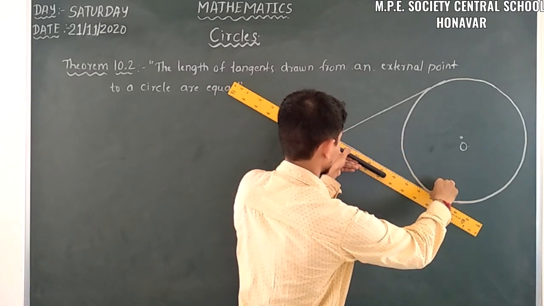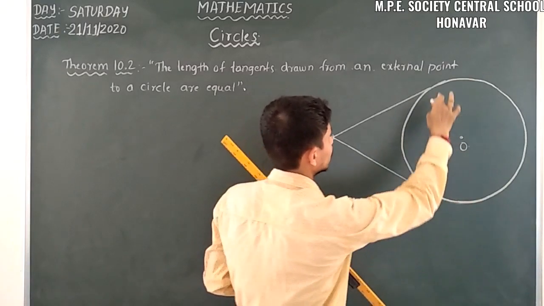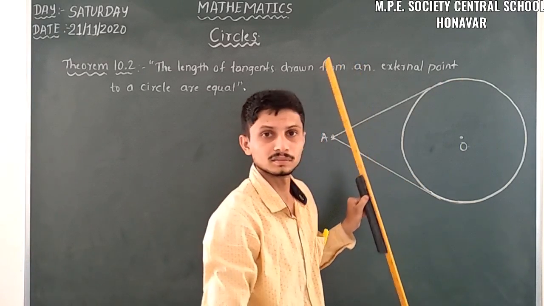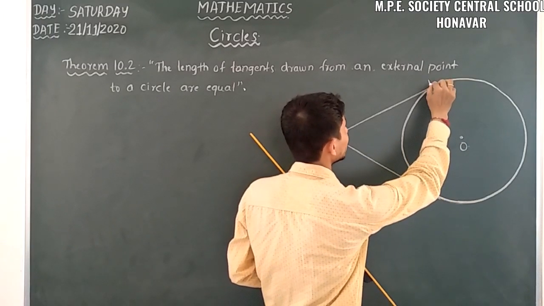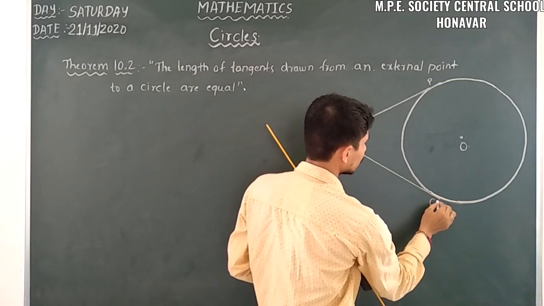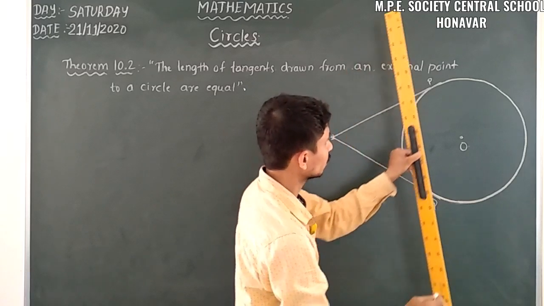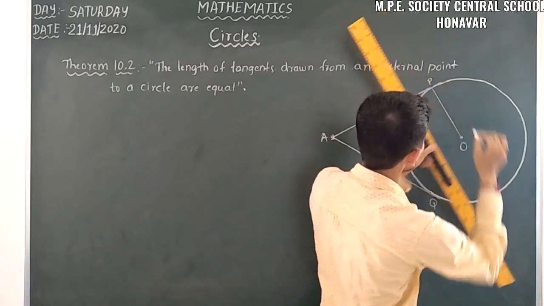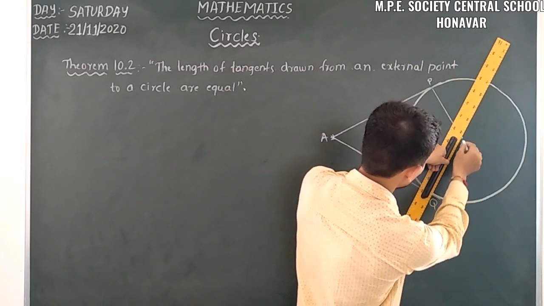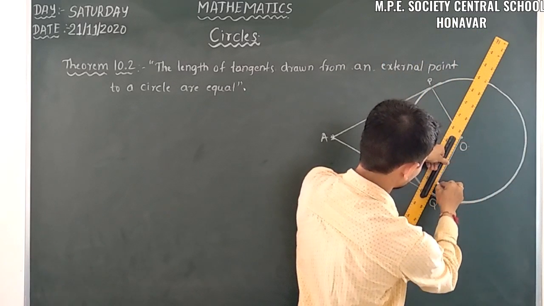Yes, here it is like this. Then I will join this point. That is an intersecting point, and I take it as P, and this is an intersecting point, I take it as Q, and we have to join OP and OQ.